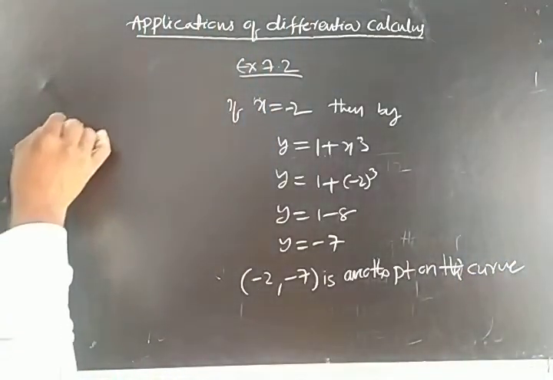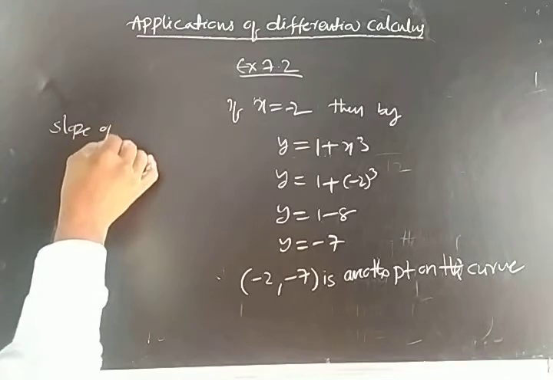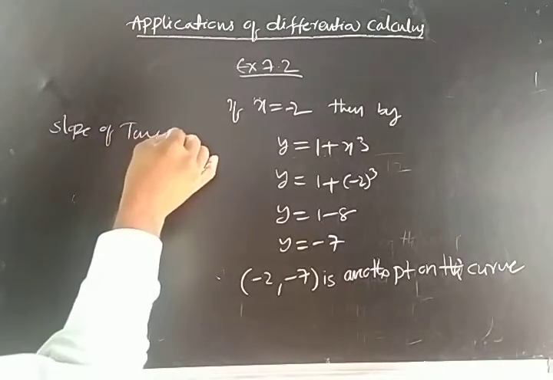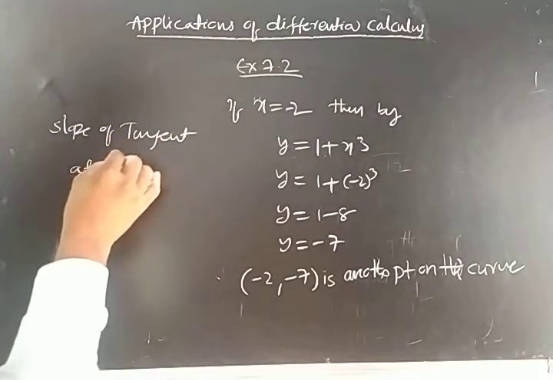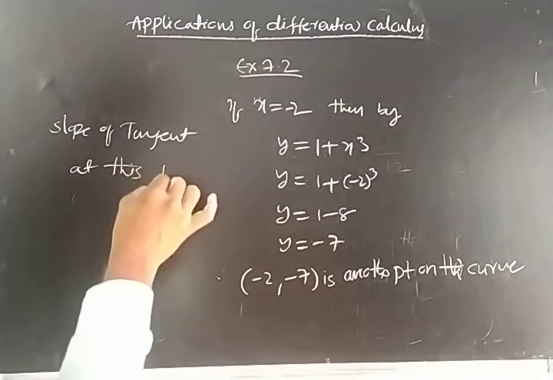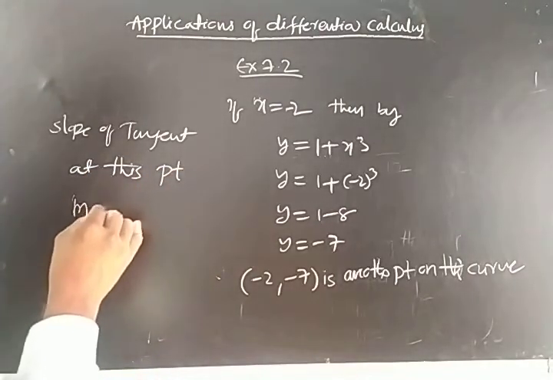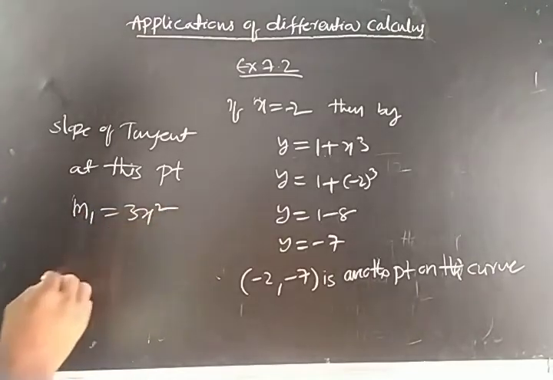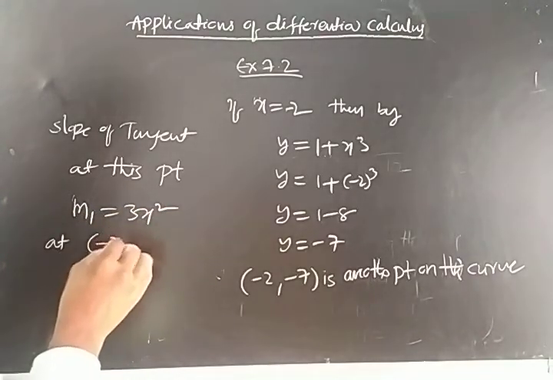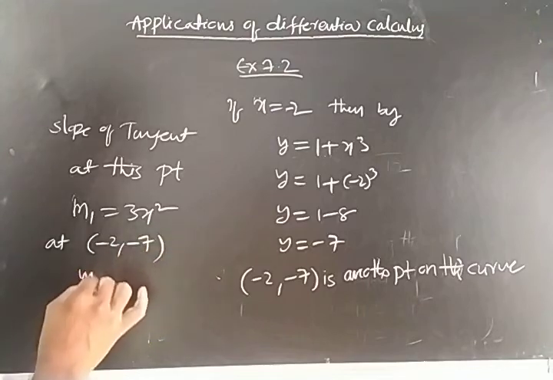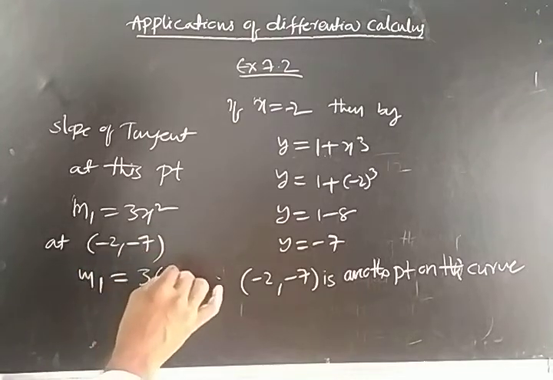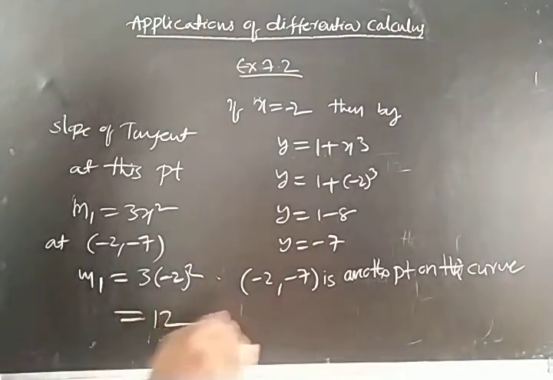Now the slope of tangent at this point: again m1 equal to 3x square at (minus 2, minus 7), m1 equal to 3 into (minus 2) square, that is again 12, right?